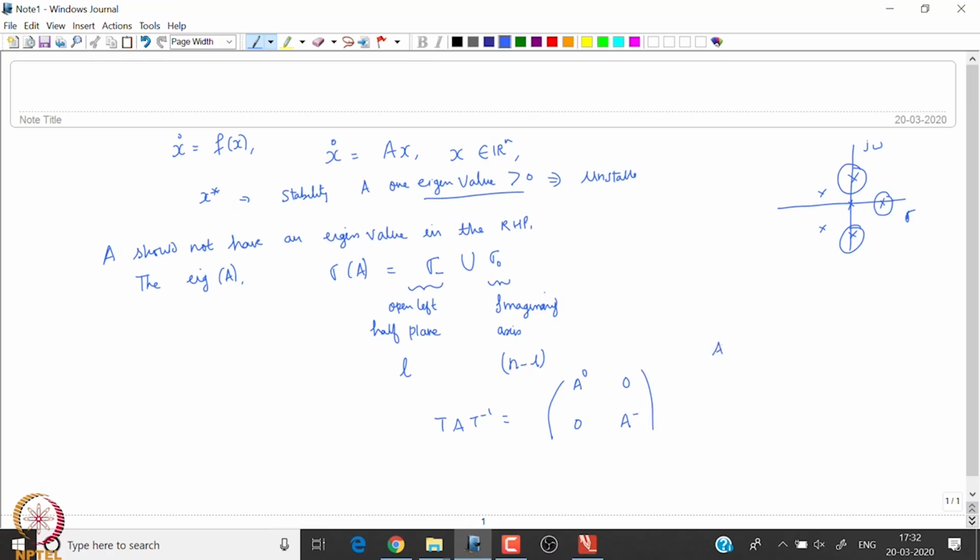That means A naught is an n minus L cross n minus L matrix and A minus is an L cross L matrix.